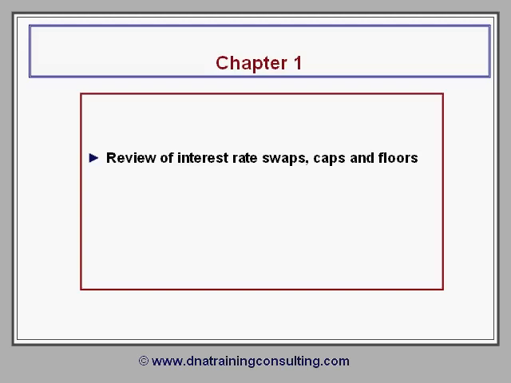This Chapter 1 reviews quickly interest rate swaps, caps, and floors in preparation for their use in subsequent chapters.